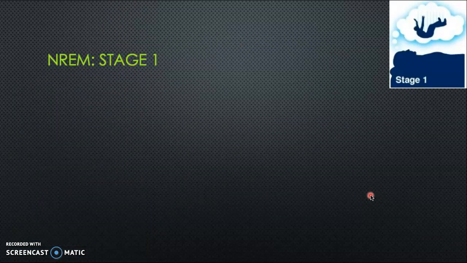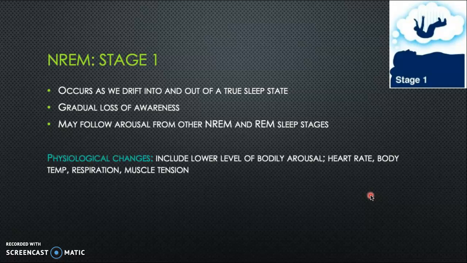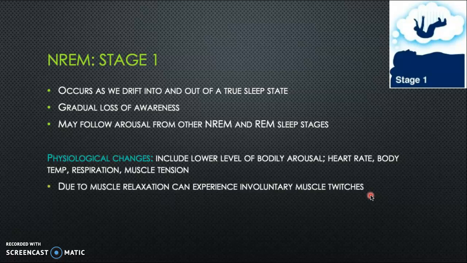So let's go through these stages. Stage 1 is drifting into and out of true sleep. It's a gradual loss of awareness, and it often will follow from NREM and REM sleep stages. We're getting lower body arousal, so heart rate, body temperature, respiration, muscle tension is all going down.